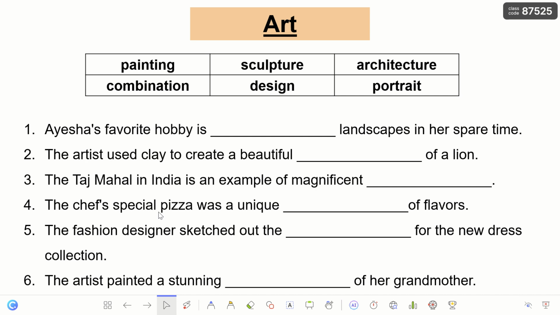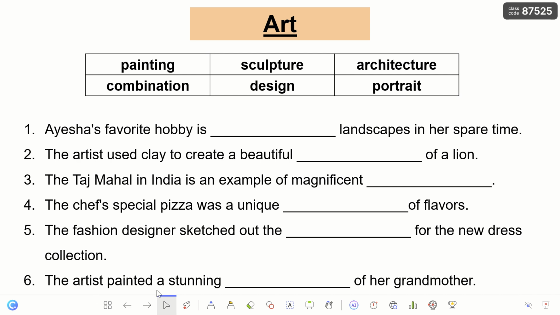The chef's special pizza was a unique what? I have pizza, I have a flavor. So it's a combination, a unique combination of the flavors. The fashion designer, I'm talking about a fashion designer, and I'm talking here about a dress, so obviously it's design. The fashion designer sketched out the design for the new dress collection.